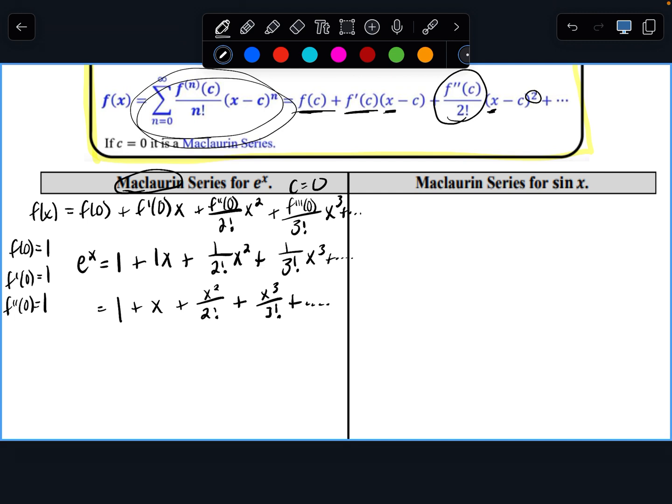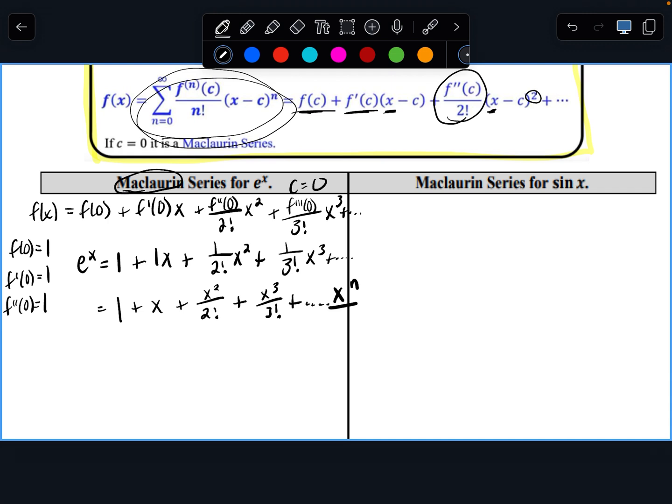These functions follow a pattern, so you can come up with that part of the series. You write it all out and then you notice a pattern. It's always x to whatever n value it is. We started with 0, then 1, then 2, then 3, then 4, then 5. The first term is x to the 0, then x to the first, x squared, and so on.